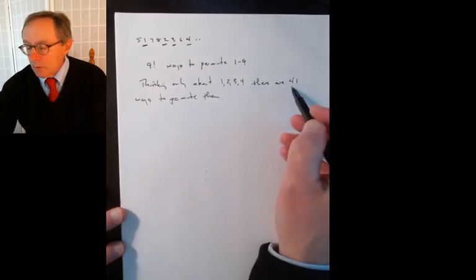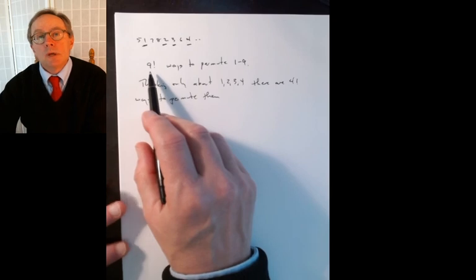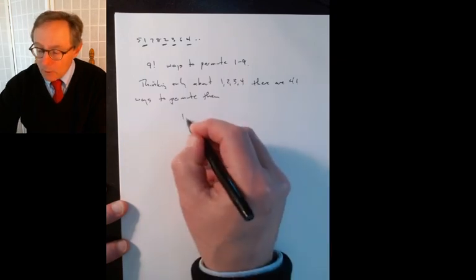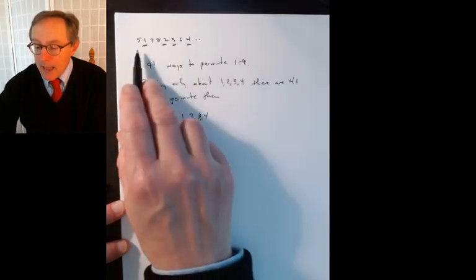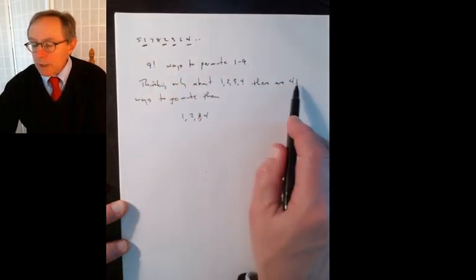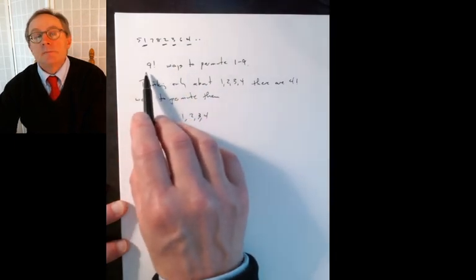So 4 factorial is 24. So out of the 9 factorial total ways to permute, any given permutation of 1, 2, 3, 4, for example 1, 2, 3, 4, would be 1/24th of the total number of ways.